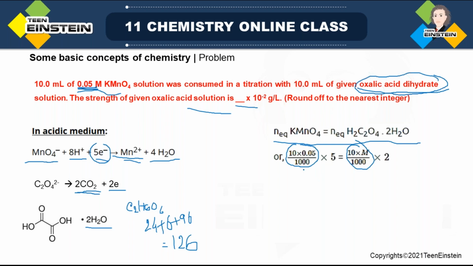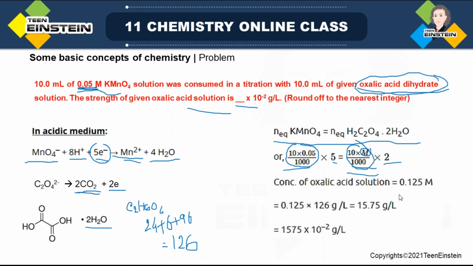So when you do this calculation, 1000 ml contains 0.05, so 10 ml should contain 10 into 0.05 by 1000. Similarly, you do not know the molarity of oxalic acid, so we have mentioned capital M, but the same type of equation. This part is the number of moles. When you divide it by 5, it will give you in terms of equivalent. So from this equation, you can get the value of M, which is 0.125. So this is the molarity.